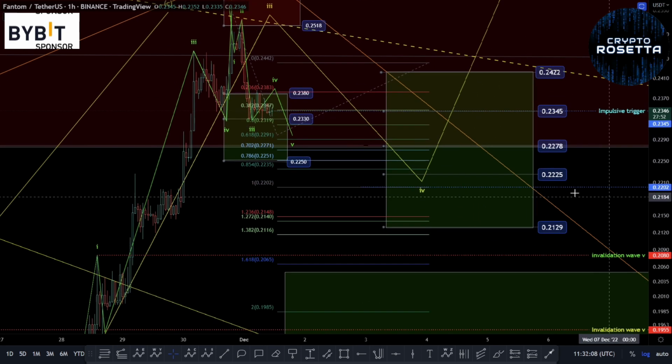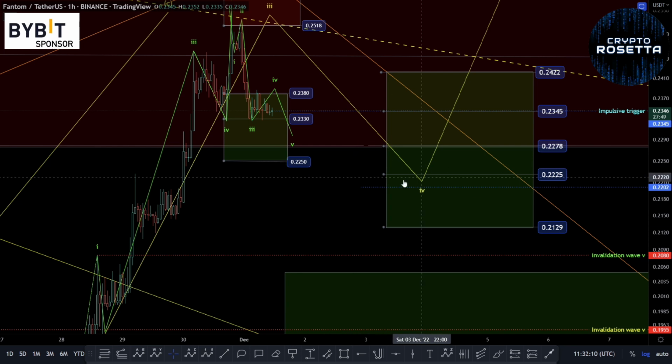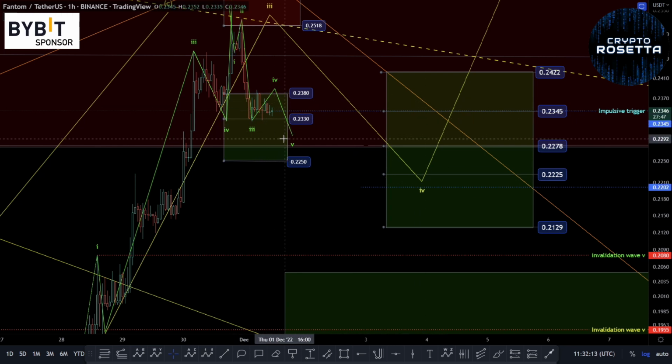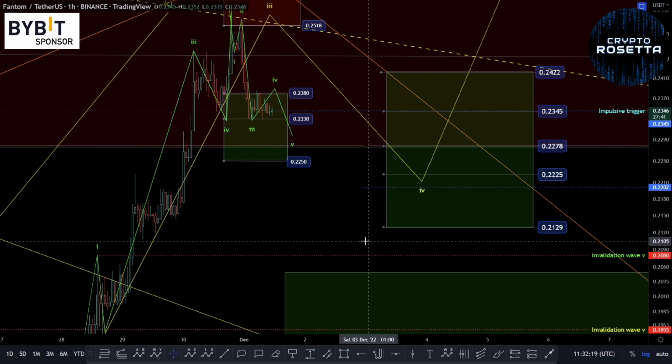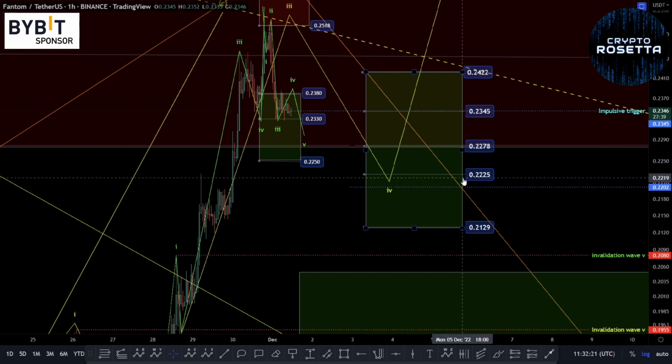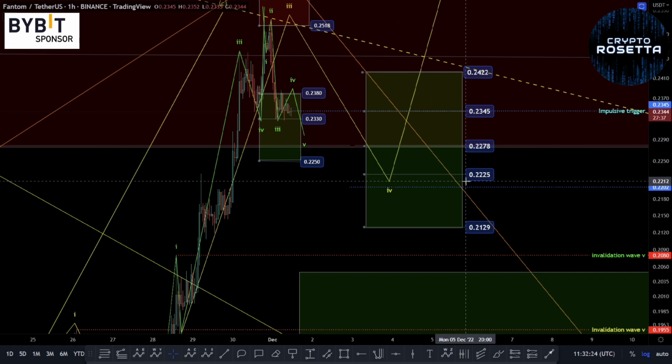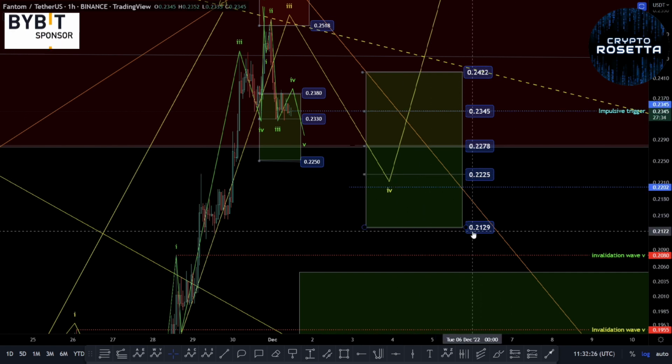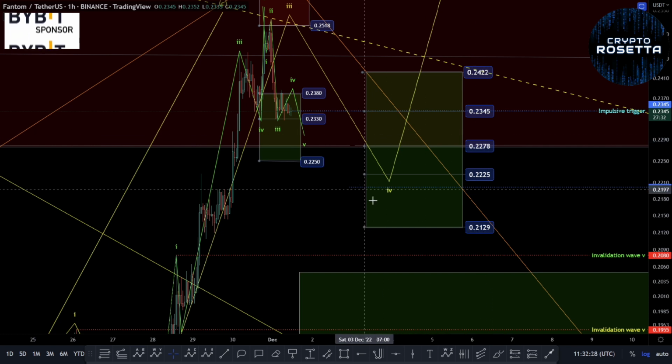So it could look to target out that area, or we could potentially get a little bit more of a move down here, and that will make this first wave longer, and then we'd be looking for an A, a B, and a C, which might look to the zone I'm looking to target out is between this 0.2225 and 0.2129 area.